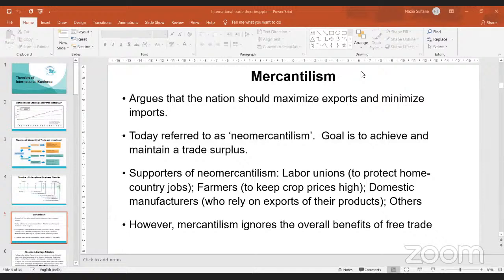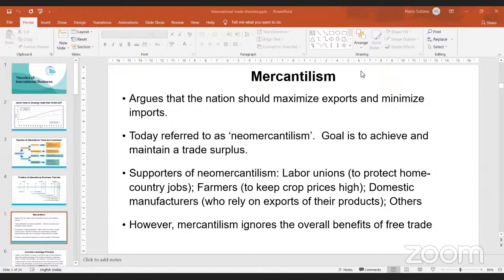That was the viewpoint of people during 1500 and 1600 when they spoke about the theory of mercantilism. This is the first theory in international trade. As of today, this theory is irrelevant because the countries of the world are not only thinking about maximizing export and import, but they are talking about interdependencies between countries, gaining competitive advantage by utilizing the core competencies of one another.